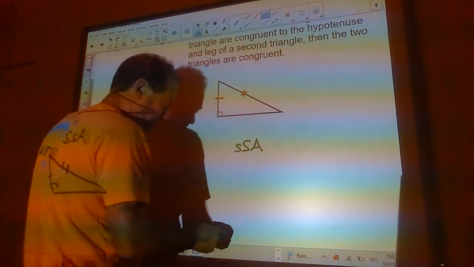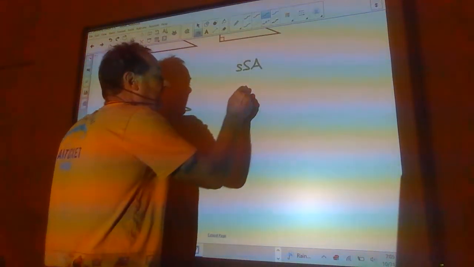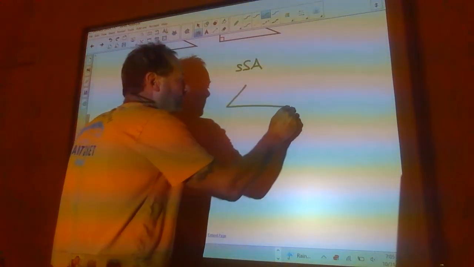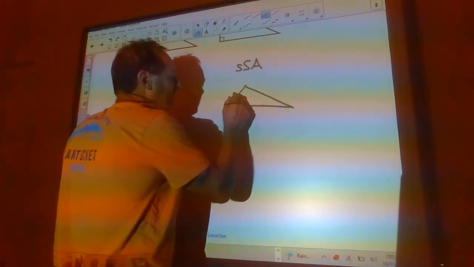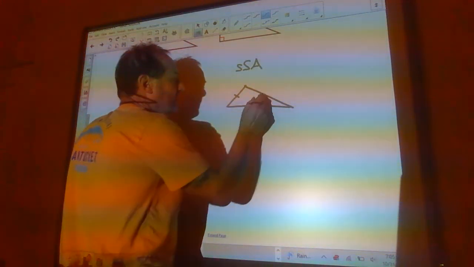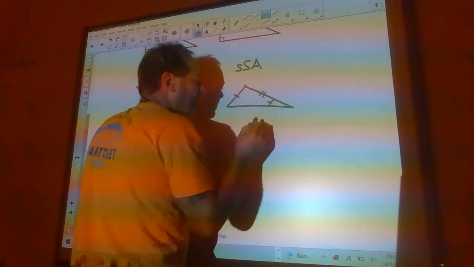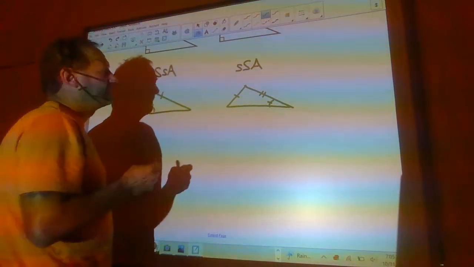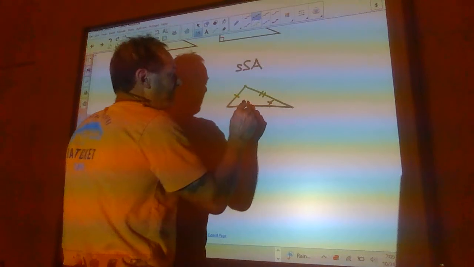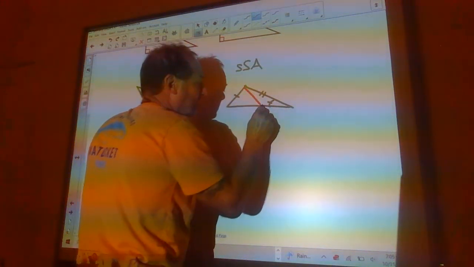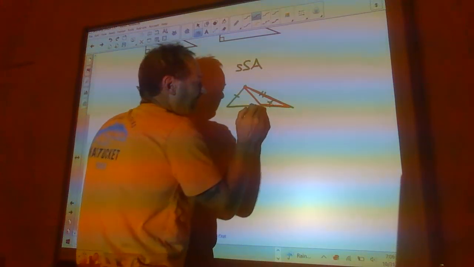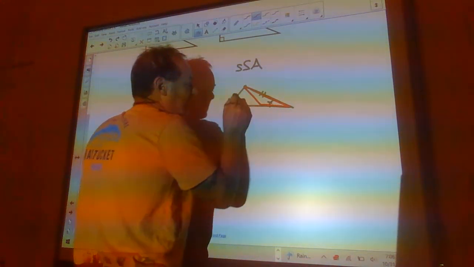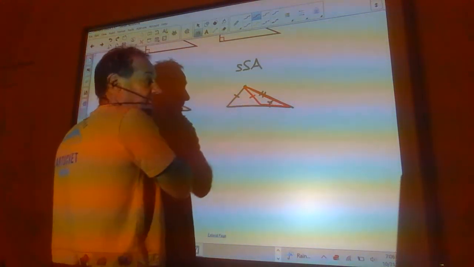Let me show you why. I could have a situation like this, where I've got the little side here, the big side here, and then the angle here. Now look what I can do. I could have this triangle right here, where this is an isosceles triangle, so that is equal to this.